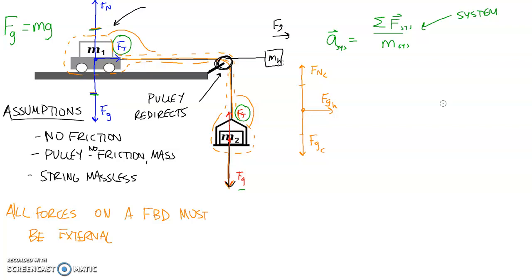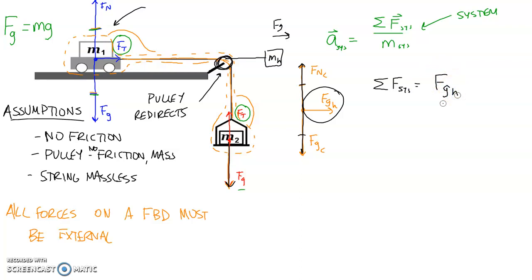So now once you have this, the most important part, once you're all right with that, you see that these forces cancel, and so our net force is F_GH. So the net force of our system is equal to F_g of the hanging mass.